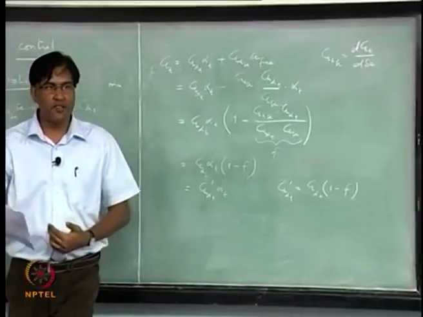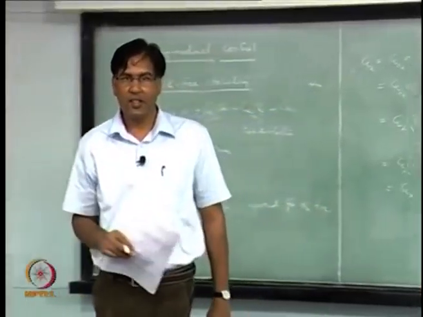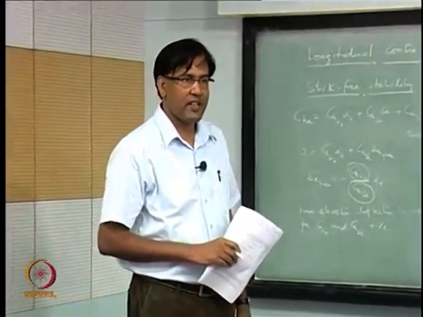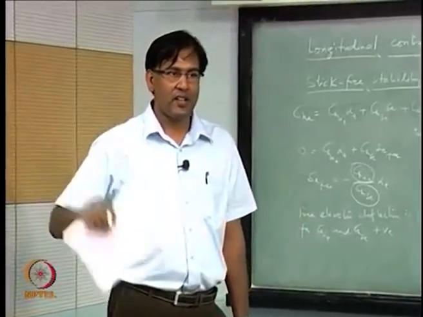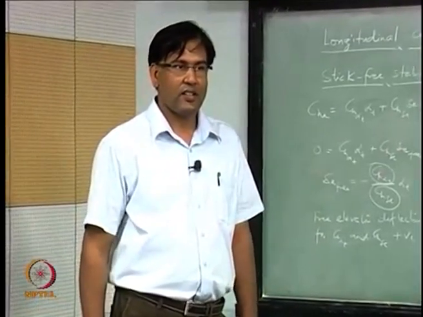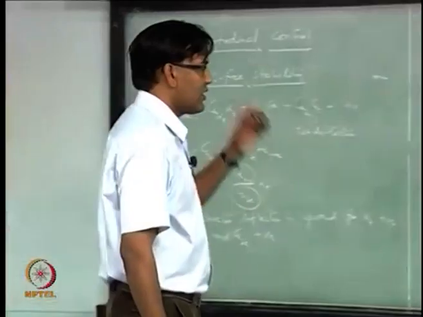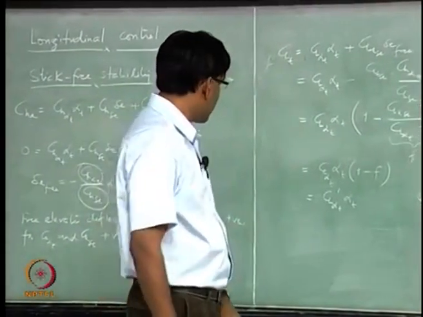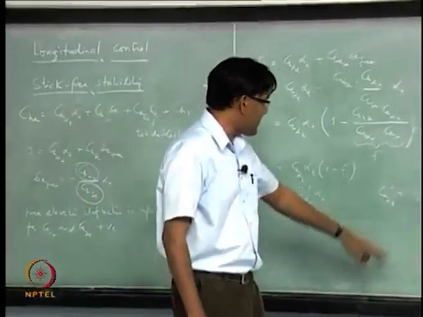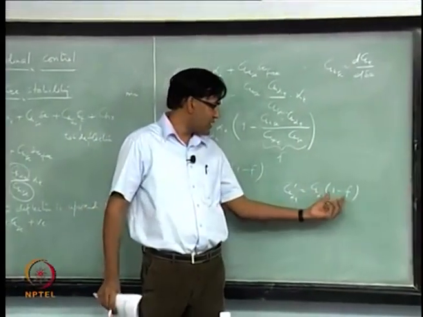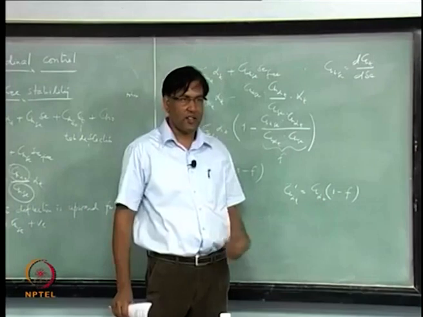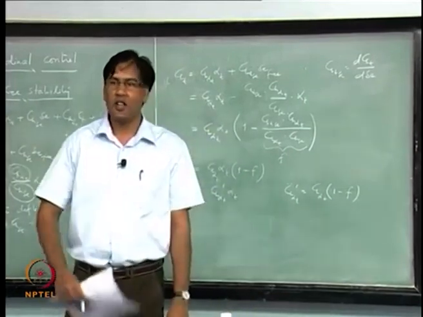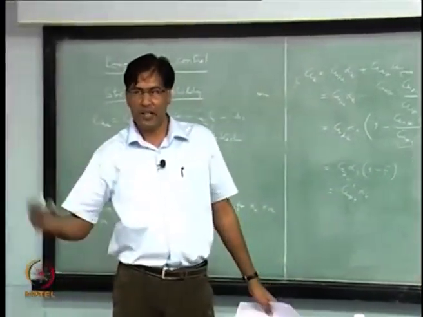If f is positive, then x np prime is going to reduce. If f is negative, this right, so it will be going back, right.